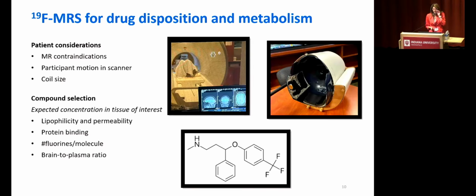And then coil size is also important. With the particular tissue or compartment that you are interested in measuring from, there is a coil that fits around that allows both radio pulses and also receiving of that particular signal. So what you see up here is an example of a head coil.